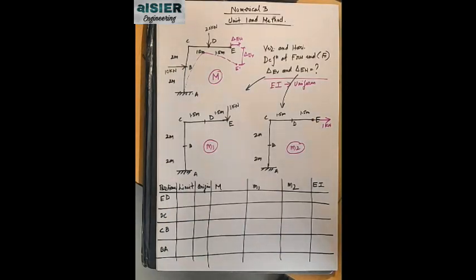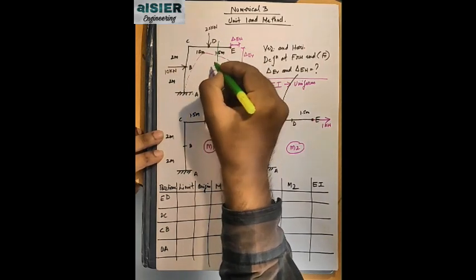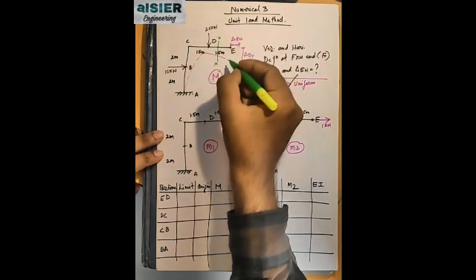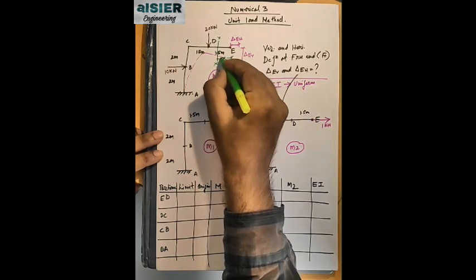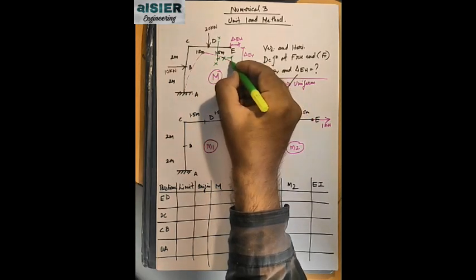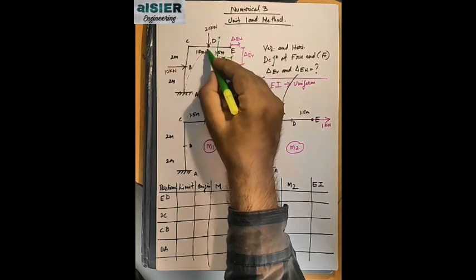So now what we will do, we will decide the origin for this. To decide the origin, we have to first take the sections. So we will now take sections for region ED. Let us say this is section XX between ED, and we will consider that this section is at a distance x from E. Now what does it mean? It means that x is 0 at this point, and x is x at this point, and x is equal to 1.5 at this point.